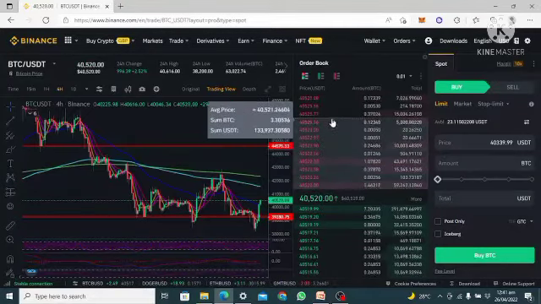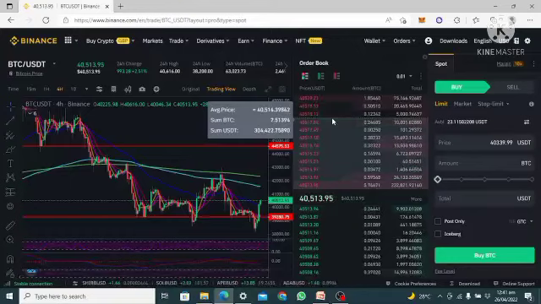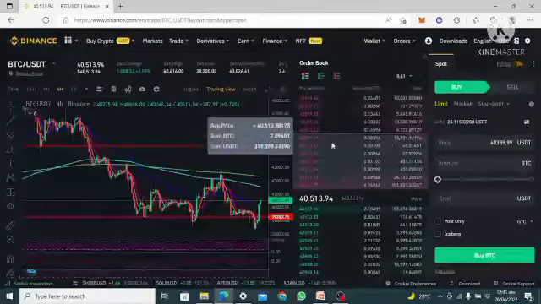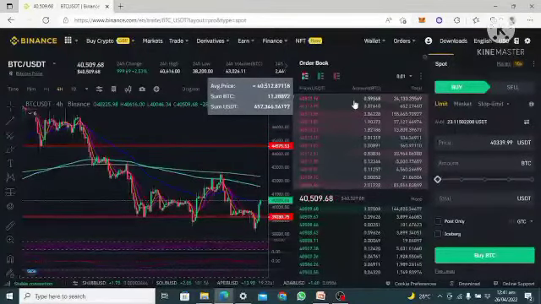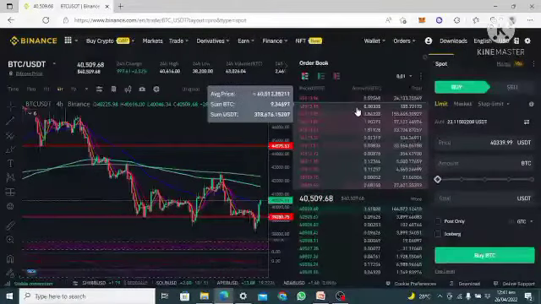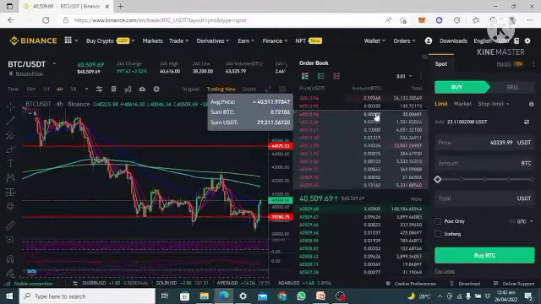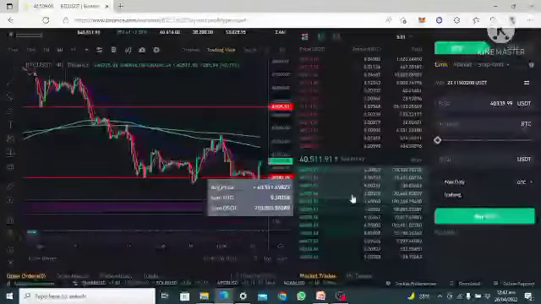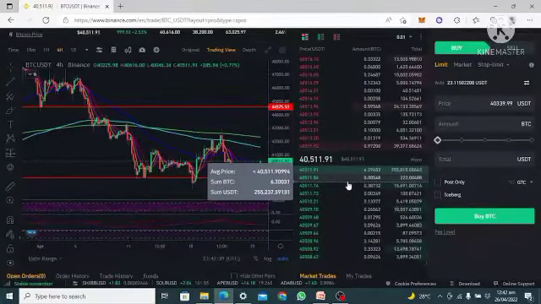We have an order book for buyers, and we have an order book for sellers. This particular red one here is the order book for sellers. The next one, below the red one, is in green, which is the order book for buyers.